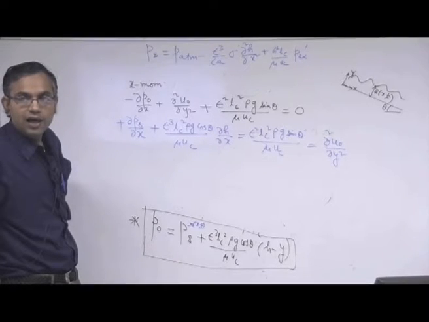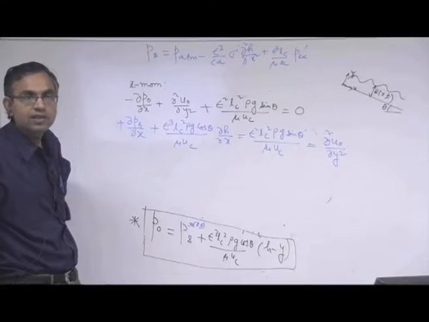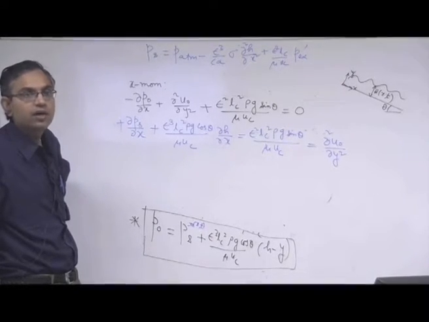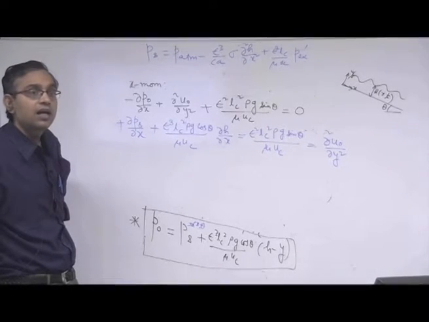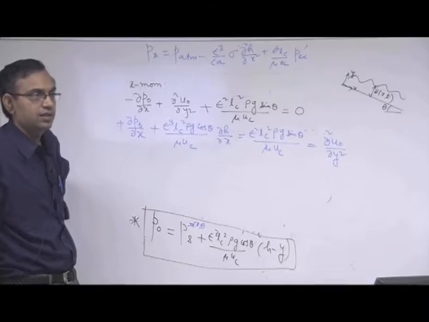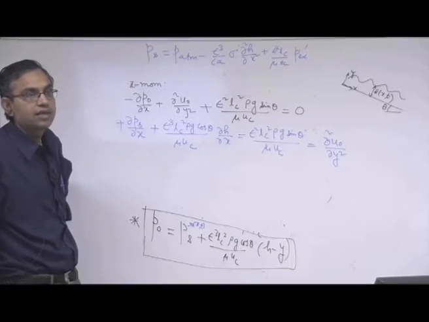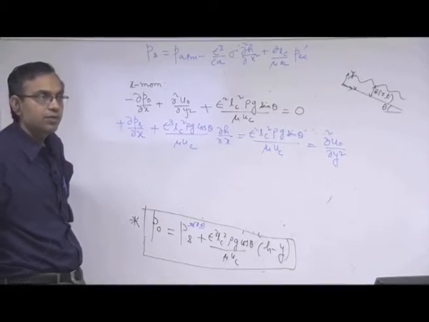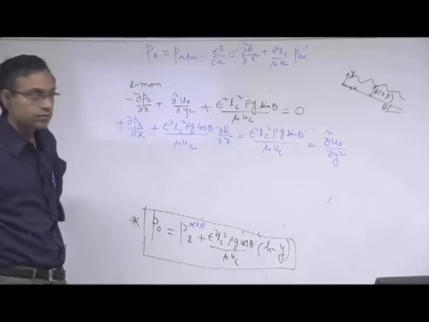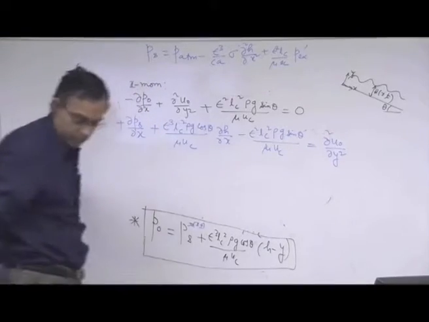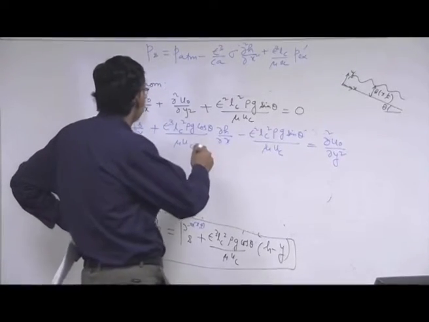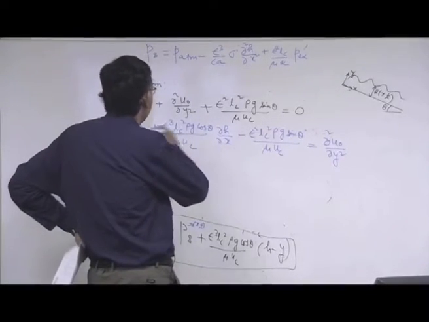Had h not been a function of x, that would not have been important, but pressure variation is a function of h and h is a function of x. So that makes it coupled with the x momentum equation. Which one? Plus? Yes, yes, this is plus. This is minus, yes.